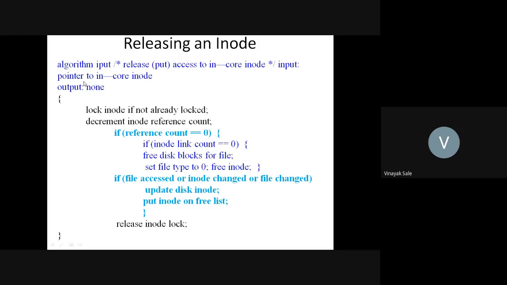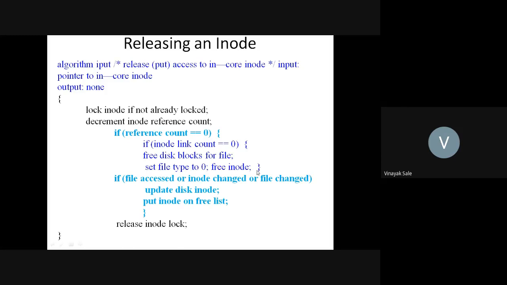This algorithm is also known as the IPUT algorithm. IGET is for allocation of the inode, and IPUT is for releasing that inode.